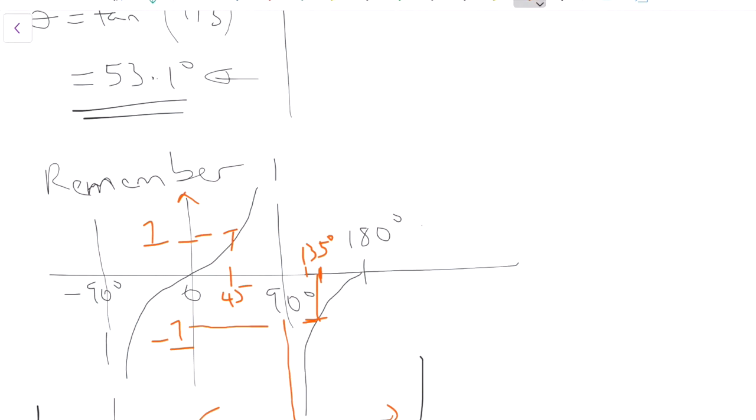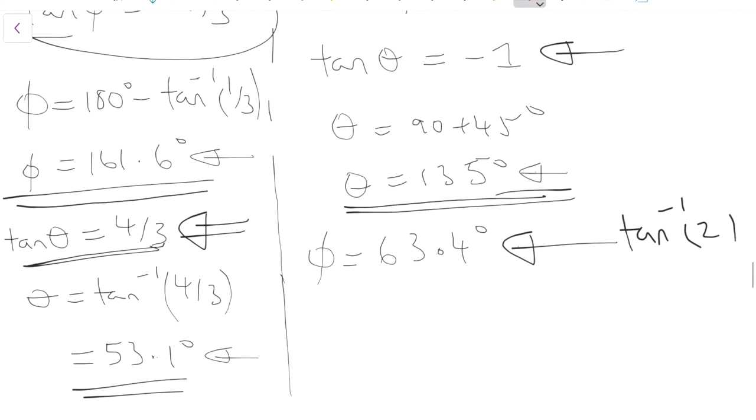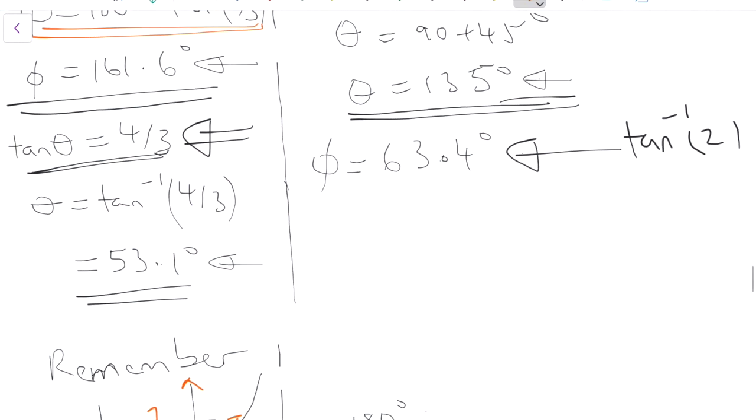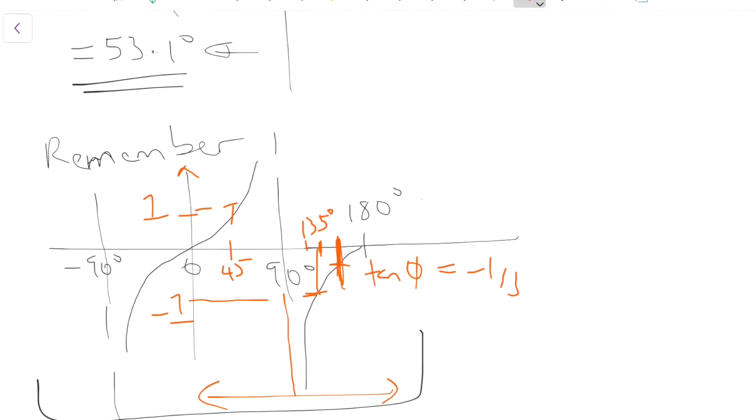Right here. And this is why, when tan phi equals minus a third, say, then the angle is really, as you can see here, 180 minus tan inverse of a third, because this gives us the same answer.